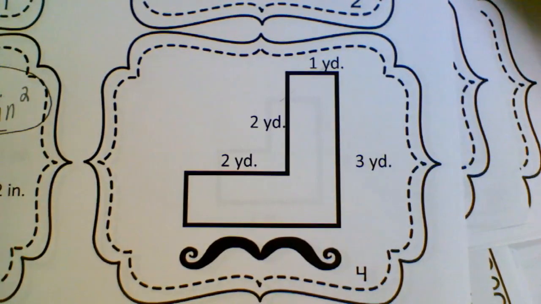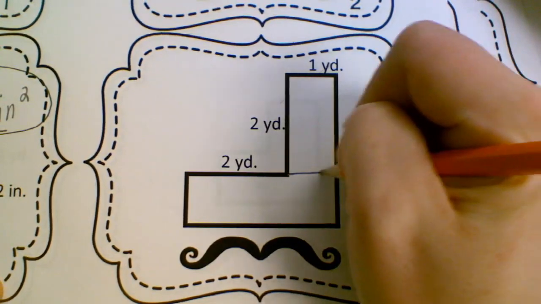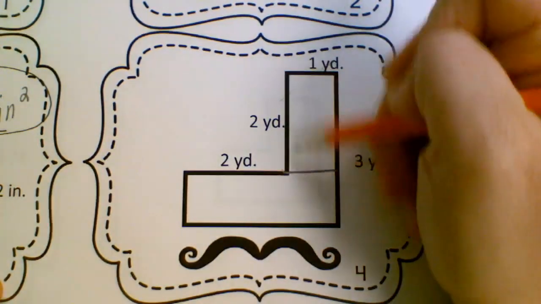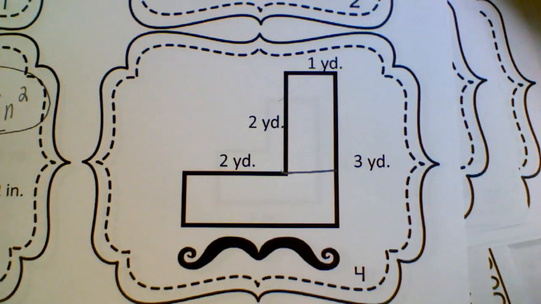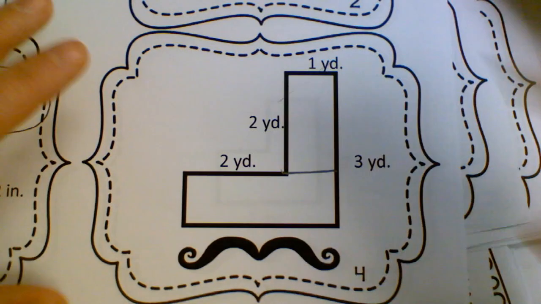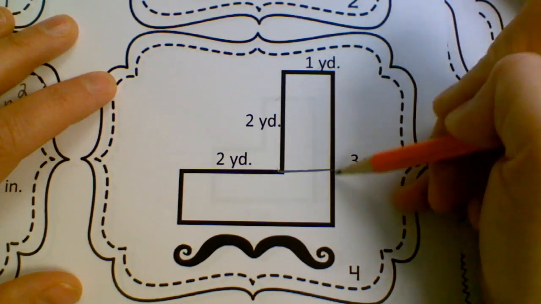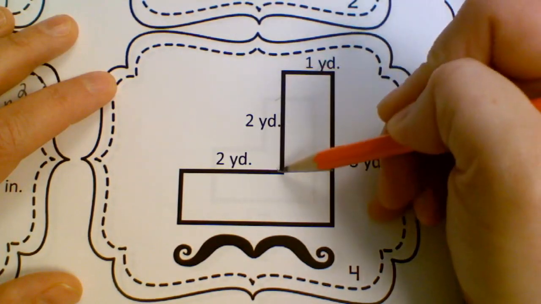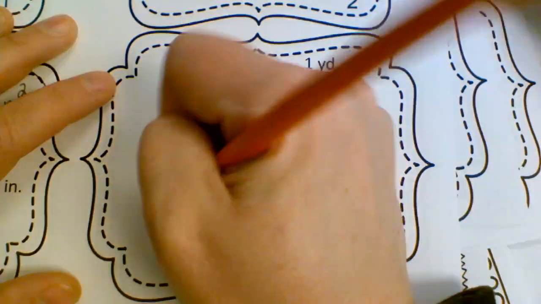Okay. So it appears if I drew a line here, and so I had a rectangle and then another rectangle, that would be helpful. Okay, so let's look at what information we do have. We know that this entire side is 3. Okay, well, we know from here to here is 2, so this has to be 1 yard.